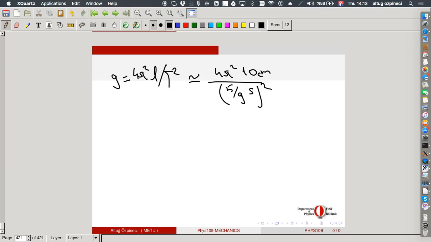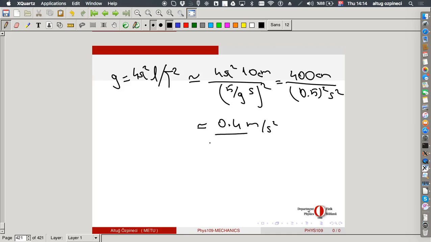Pi is something like 3, pi squared is something like 10. This is 400 centimeters divided by 0.5 squared seconds squared. This is something like 0.4 meters per second squared divided by 0.5. This is 2 meters per second squared.